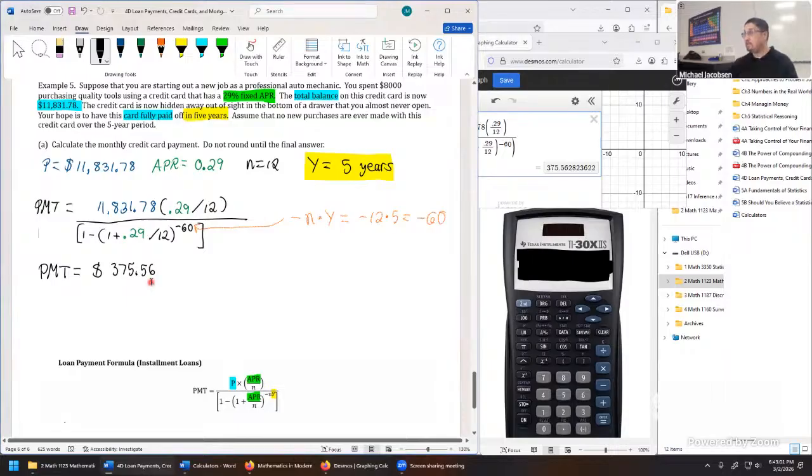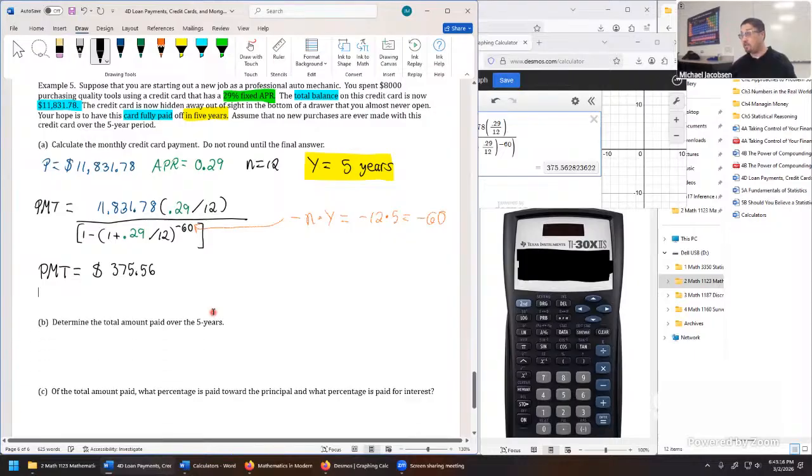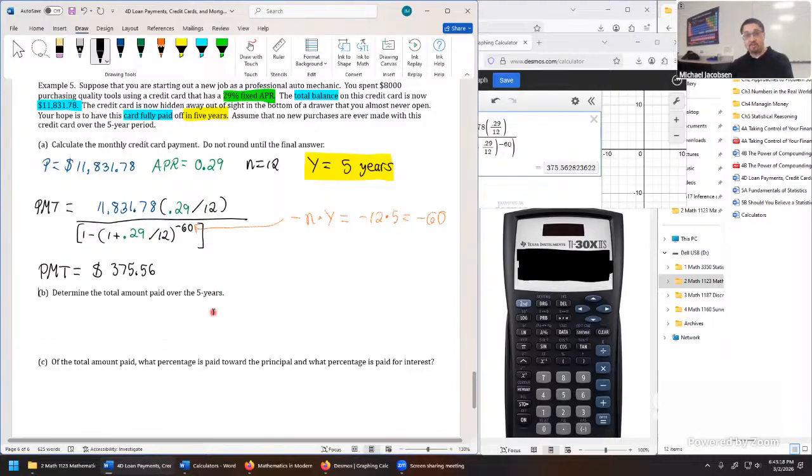Now we'll see with an aggressive payoff in 5 years of a large balance at a pretty high payment. This is again like a car payment or half a car payment based on the last example. We'll see just how much is going to be paid in those 5 years on this card, and then do the analysis of what percent it was paid towards principal, what percent towards interest.